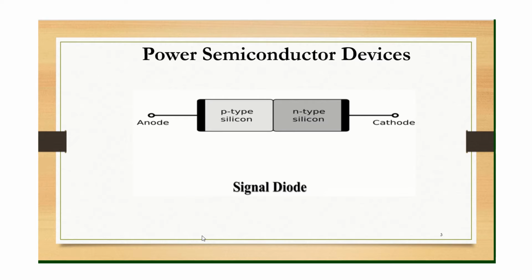Okay, so in general the symbols are same for both of them, but their construction will differ entirely. Okay, so the construction of this normal diode is very simple, which you already are familiar with. You have two materials, P and N type materials, right?